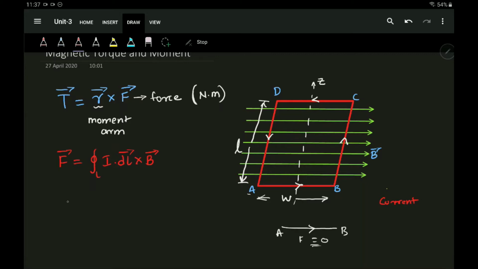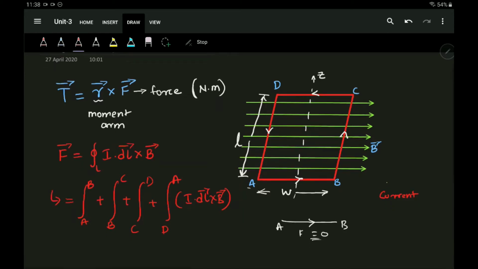To solve the force expression for the whole current loop, the closed loop can be considered as four different paths: A to B is the first path, B to C the second, C to D the third, and D to A the fourth. So this whole integral of I dl cross B is what I have to solve.